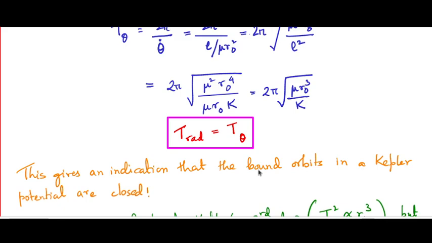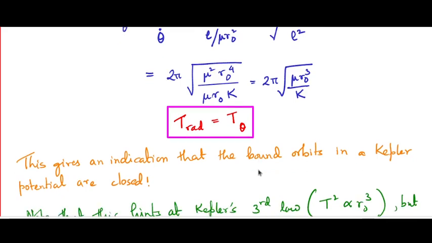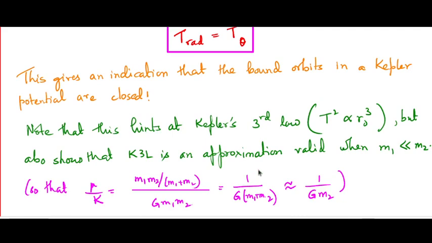Now, note that the result that we have also hints at Kepler's third law, since the square of the time period is proportional to the cube of r0, as you can see here. Of course, this is only for orbits which are very, very close to circles. Kepler's third law is valid for any orbit, at least any orbit in the Kepler problem. We will also show that exactly later.